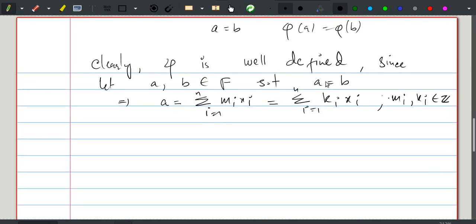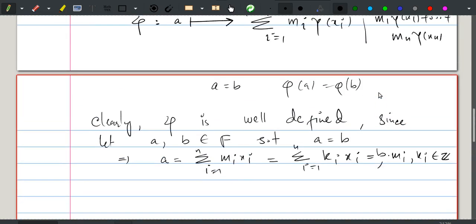So this is the element b. Now since these two elements are equal, we have to prove their images are equal as well.